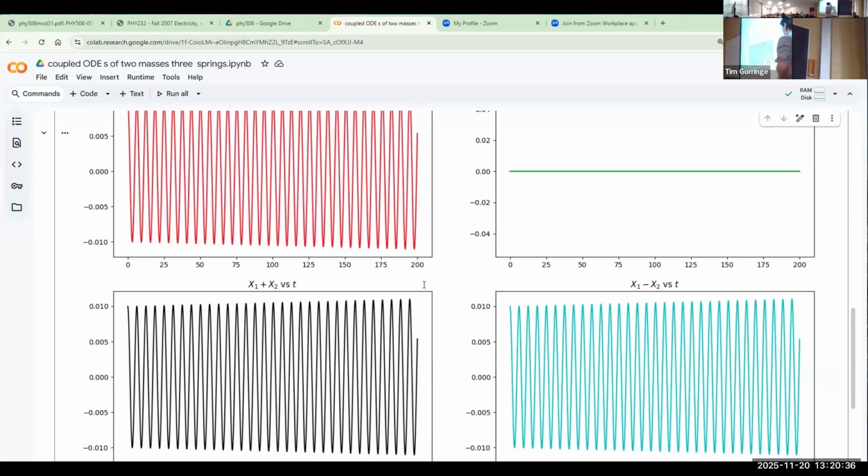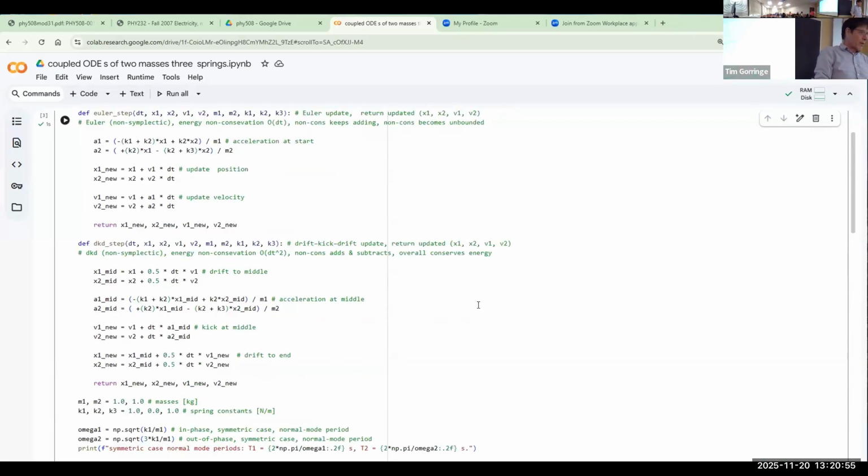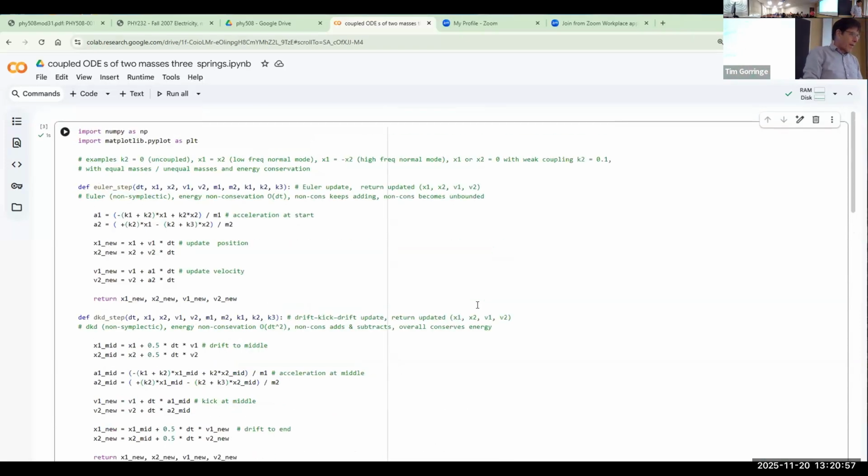It's not moving because there's no coupling. These plots aren't very interesting in this case. If I add these two together, I just get another plot of x1 moving, another plot of x1 moving. So not much interest there. Okay, but that at least says that we get a sensible result if we switch off the coupling.